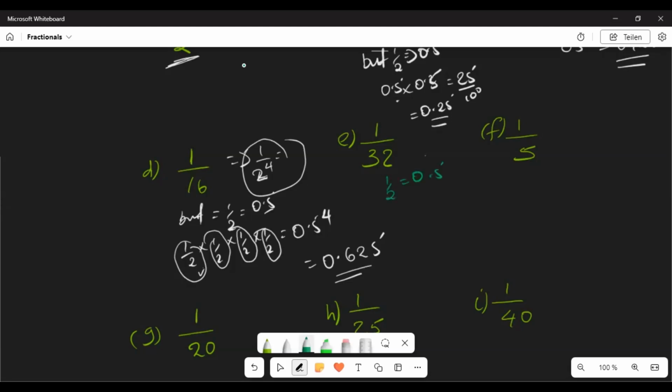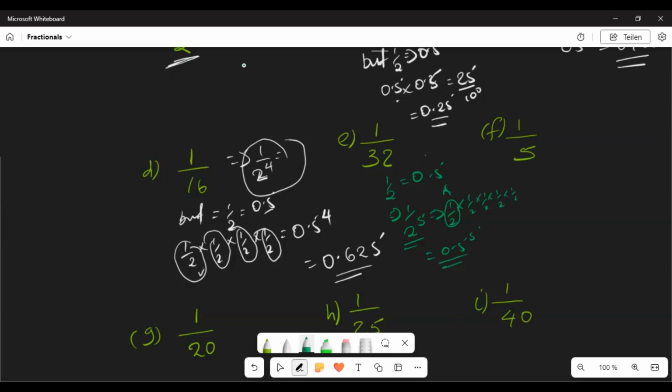Using that, we want to know what 1/32 is. 1/32 is equivalent to 1/2 to the power 5, which is 1 over 2 multiplied by 1 over 2 multiplied by 1 over 2 multiplied by 1 over 2 multiplied by 1 over 2. And we know 1 over 2 is equal to 0.5, so what we're trying to get here is 0.5 raised to the power 5.